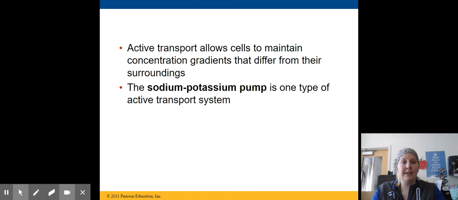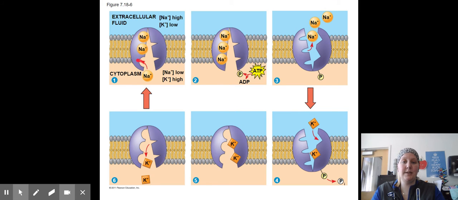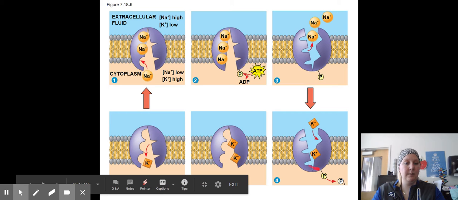What the sodium-potassium pump does is use energy to bind sodium and push those sodiums out of the cell. Having used that chemical energy, it allows potassium to come back in, carrying in a phosphate, so the whole process can start all over again.